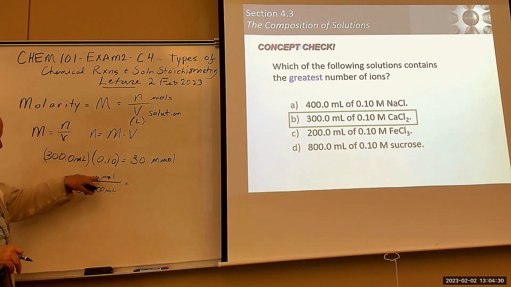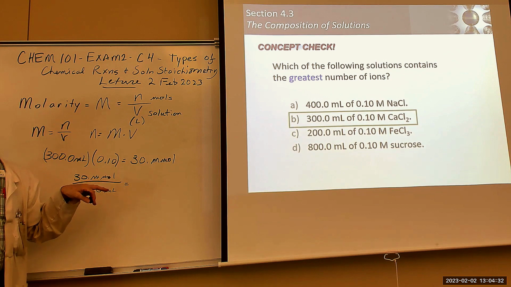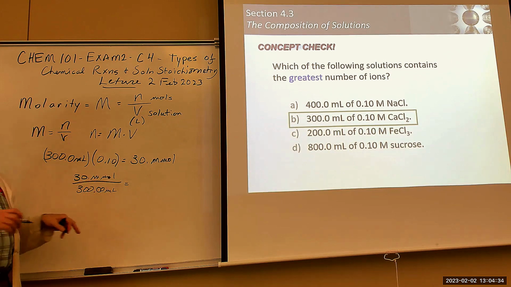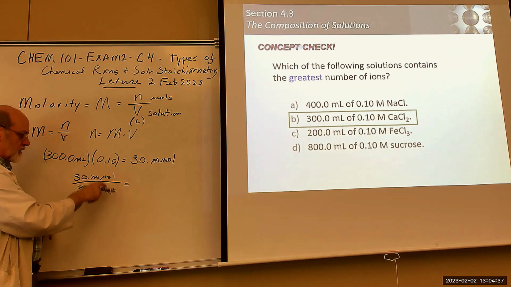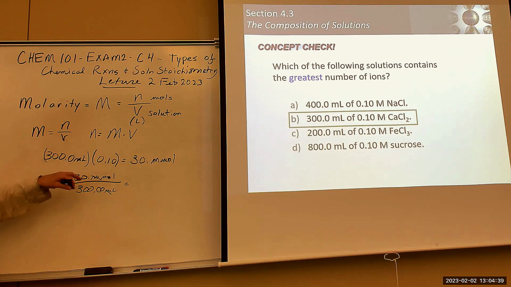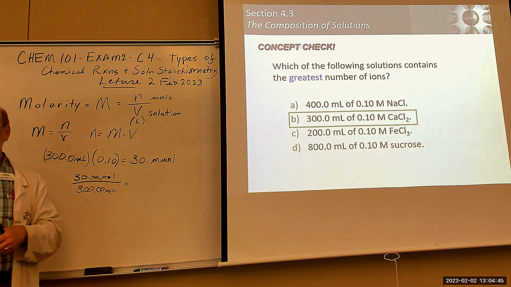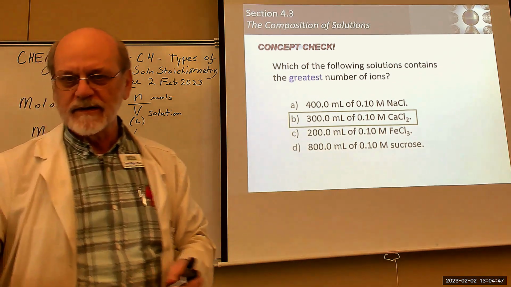Well, notice that milli in both of them. Right? So we divide milli by milli and we just cancel it. So moles divided by liters, you're back to a 10th. That's just proof that I'm not pulling your leg.